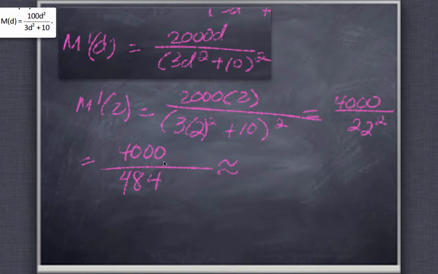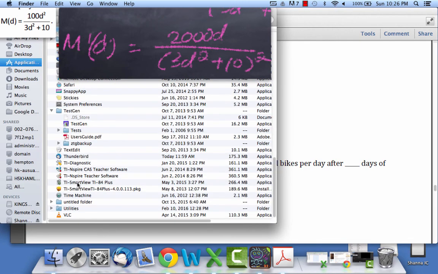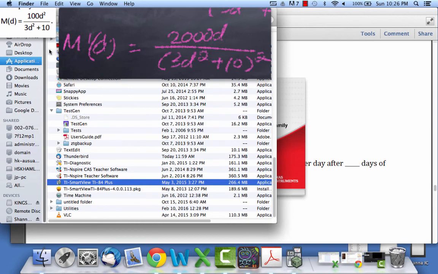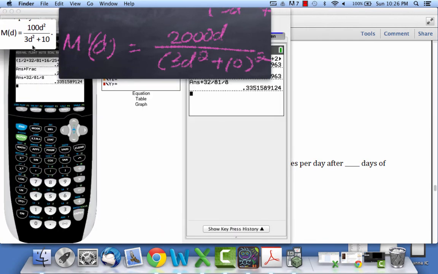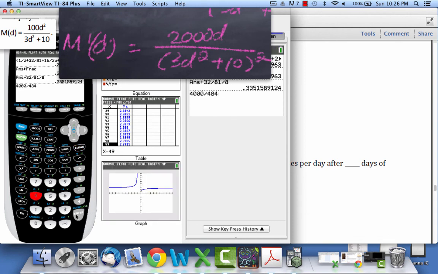I don't have a calculator open. This is about 8 or 9. 8.26, so 8.